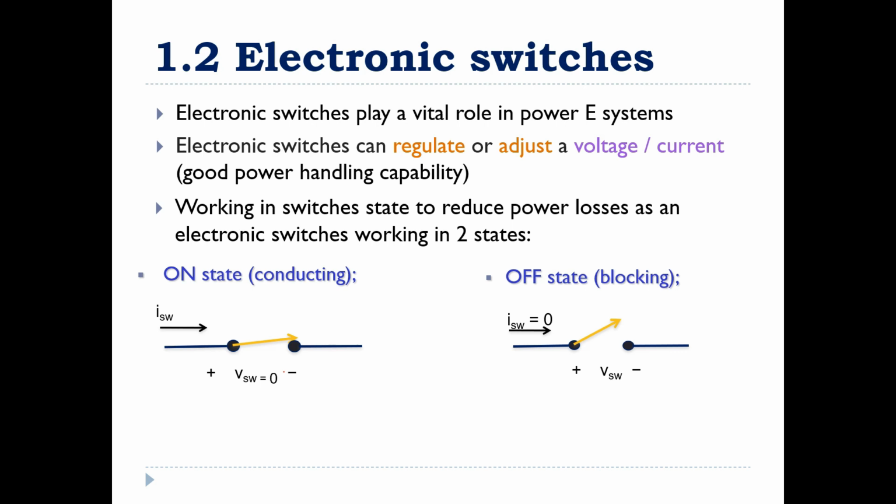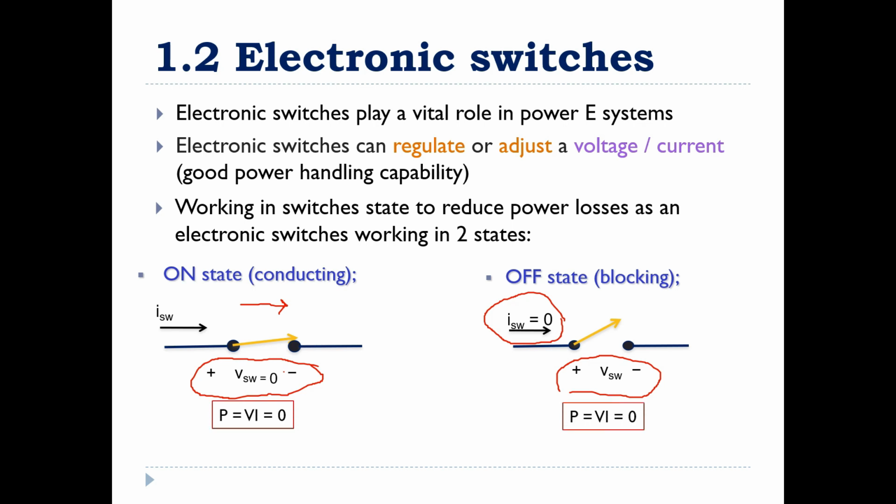For the on state, the voltage across the switching device is 0, so the current can flow. For the off state, the current is 0, meaning no current is flowing, and there is a voltage drop. For both cases, P is given by V times I, so it is equal to 0.